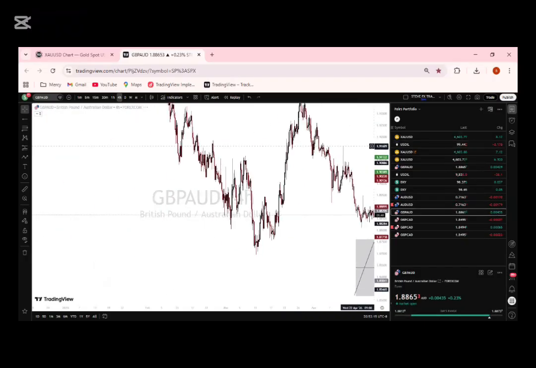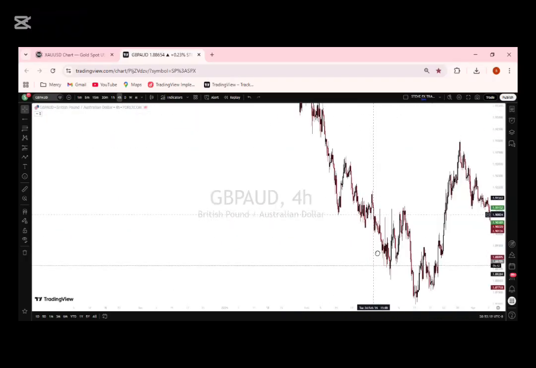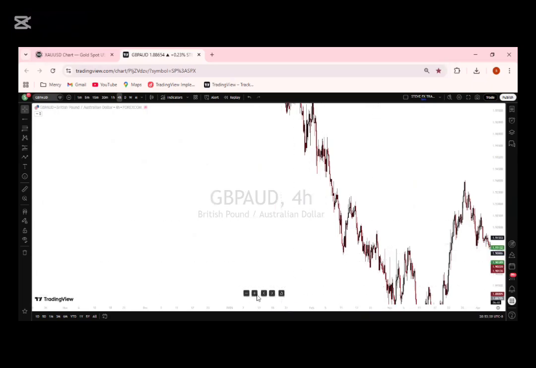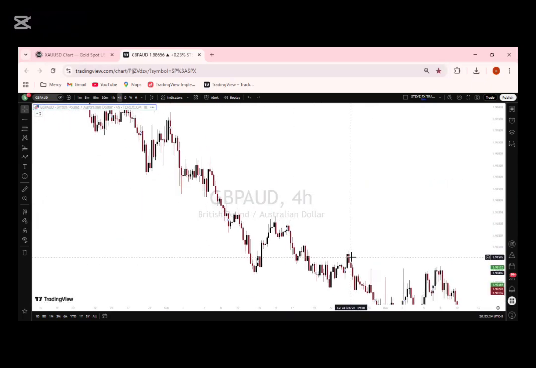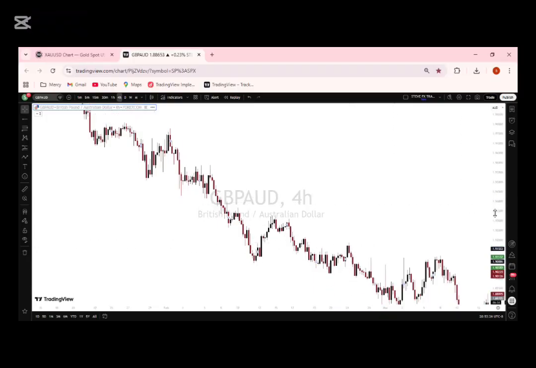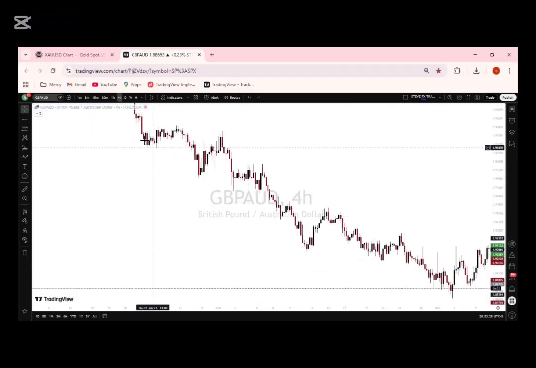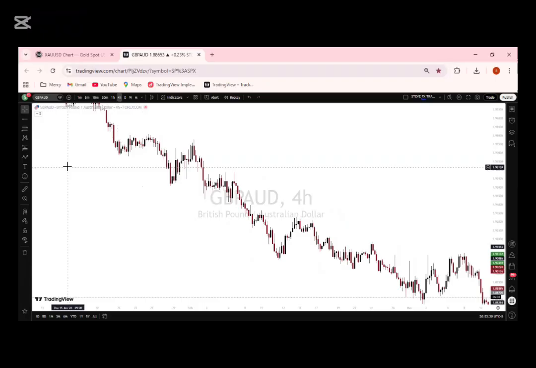All right, so now over here we can see that the market had a very strong bearish move from this zone.